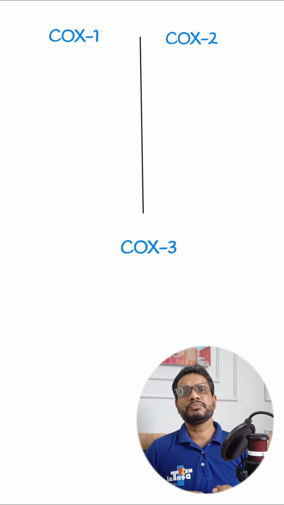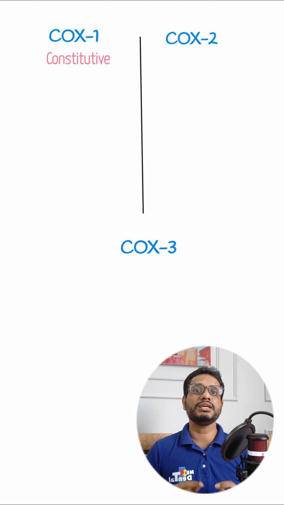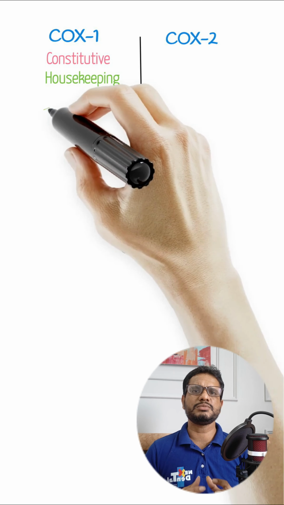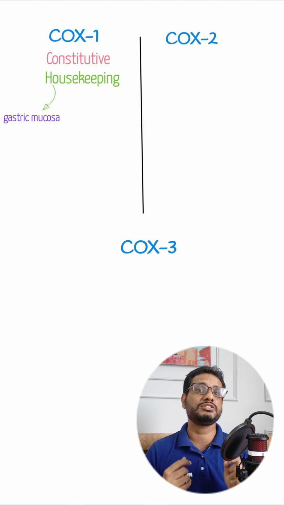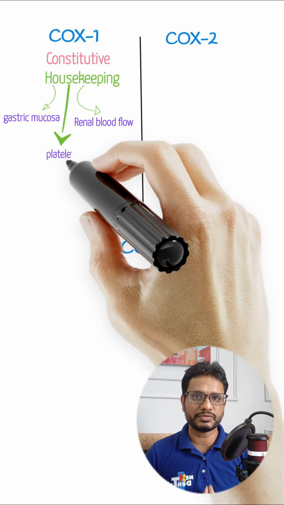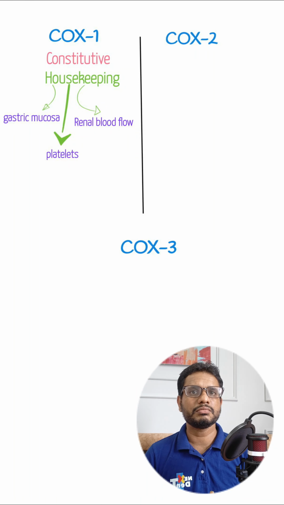Now the COX-1 is basically a constitutive enzyme, meaning it's always active in the body and it plays important housekeeping roles such as maintaining the gastric mucosa, ensuring proper renal blood flow and aiding in platelet production. For example, prostaglandins that are produced by COX-1 protect the stomach lining from digestion and help keep kidney blood vessels dilated.